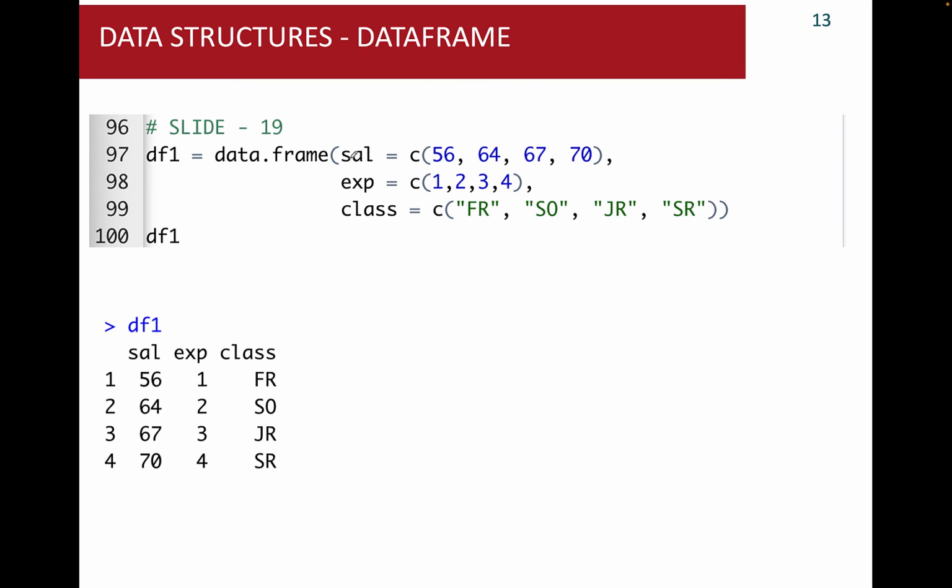So for example, I have a salary, and I concatenate the 4 values, I have experience, let's say in years, and I have the class, which is a string value: freshman, sophomore, junior. I can use the data frame to put the 3 variables together. And now this will create a data structure that is similar to a matrix, but it is a data frame.